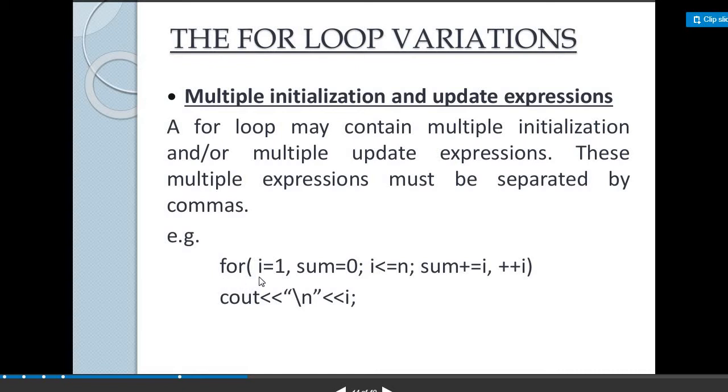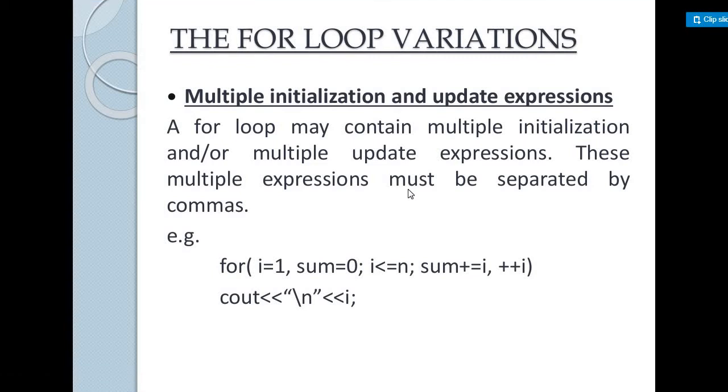So for initialization we have two initializations separated by comma. Initially i equal to 1, sum equal to 0, and here again the condition is i less than or equal to n semicolon, and updation also has two parts, that is sum plus equal to i, and i plus plus. In this way a for loop can contain multiple initializations and multiple updation expressions.